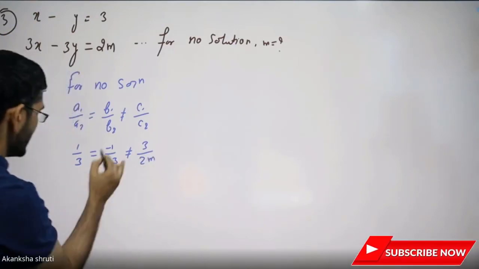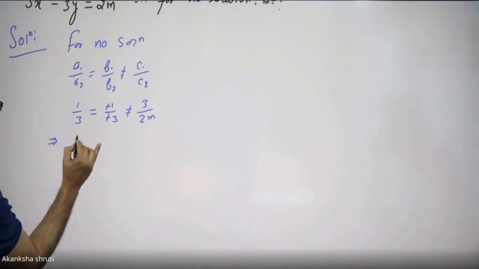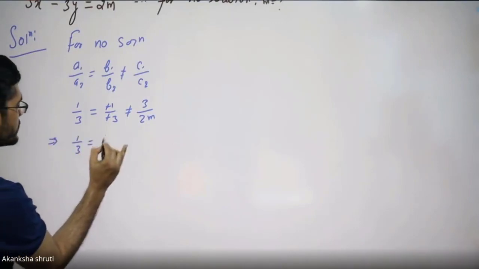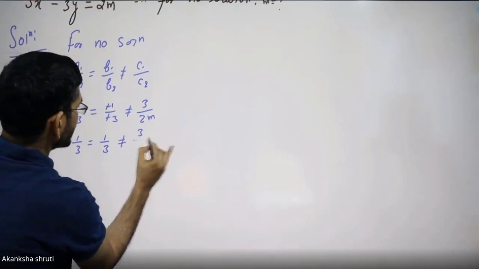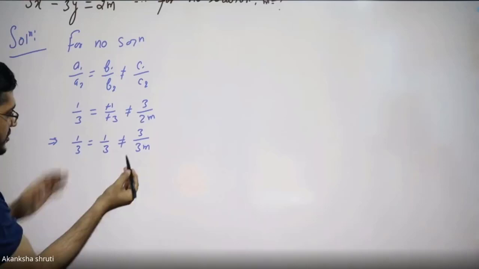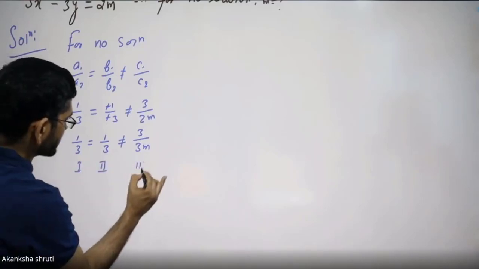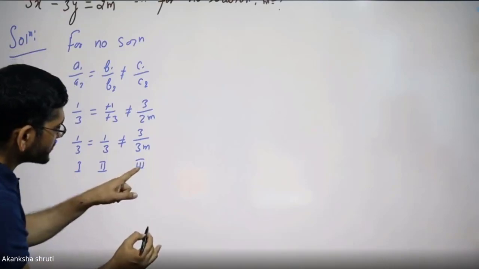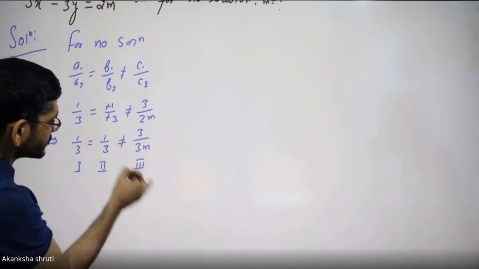See, student, these are getting cancelled. So here itself we are getting that the first two ratios are equal and the third one has the not-equal sign. So whether you take the first, second or third, to calculate m you surely need to take this third.